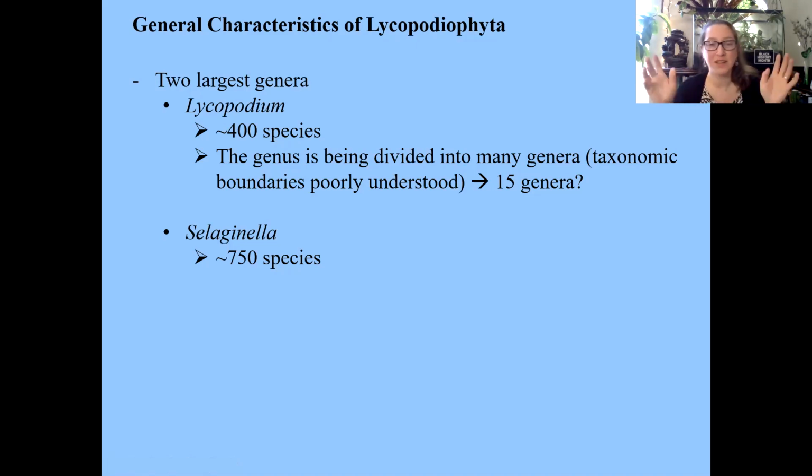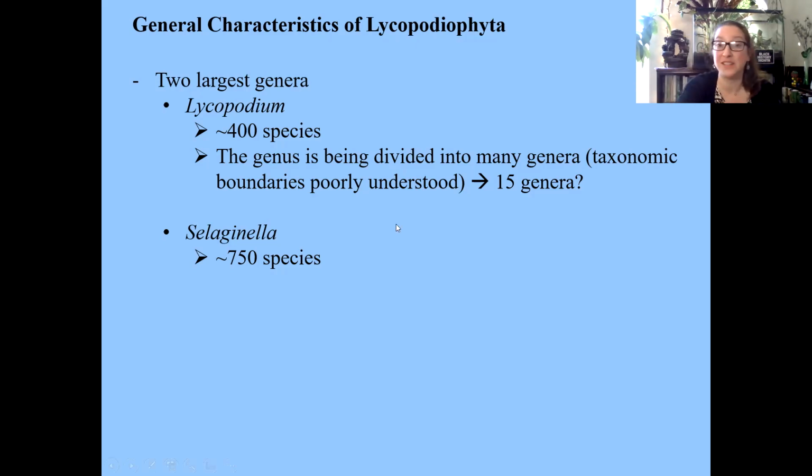But it's kind of a gray area, and there's no consensus. So maybe it's just one genus, Lycopodium. Maybe it should be divided up into maybe 10 or 15 genera. The jury is out. So for the purposes of this class, we consider Lycopodium just one genus because it hasn't officially been divided up completely yet.